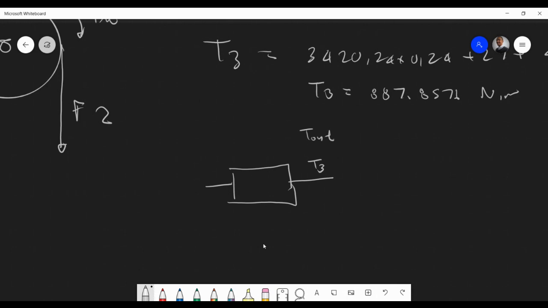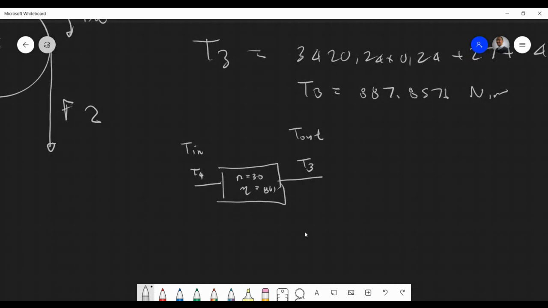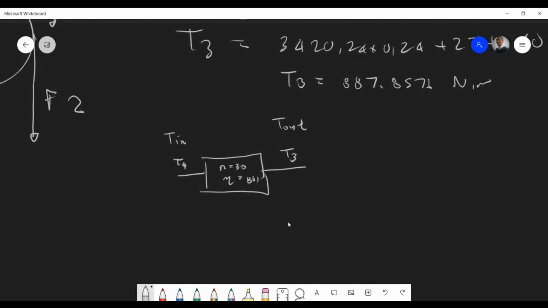So our gearbox had parameters of N is 30, and efficiency was 86%. And this is T, and we can call this T4 if you want. T into the gearbox. So we of course want T in, right?